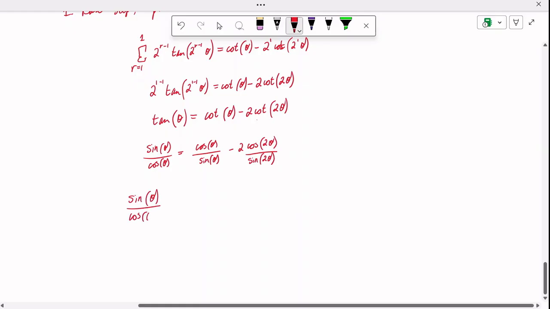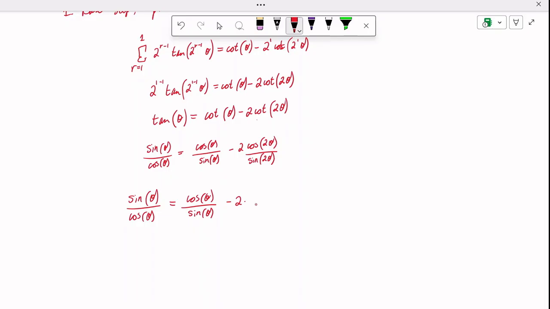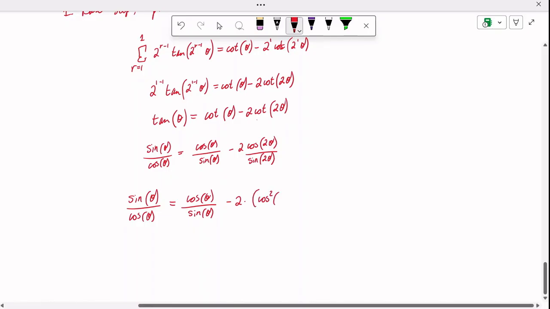As always, depending on the path that you choose, it'll either be pretty easy and have 1 or 2 steps, or it'll be pretty hard and have quite a few steps. Now, cos of 2 theta, when I look at my formula book, I've got 3 different options here. I'm actually going to go for the very first one, which I wouldn't usually do.